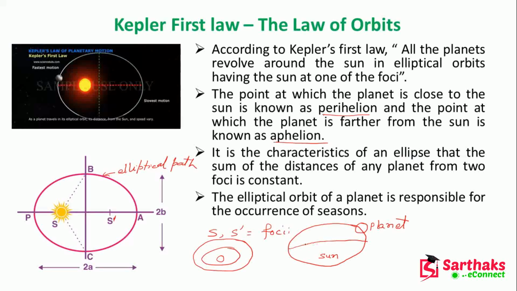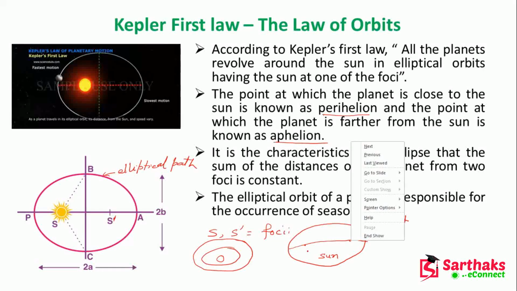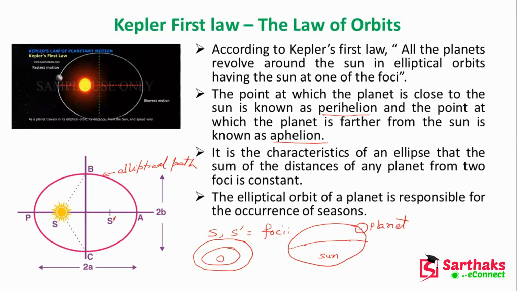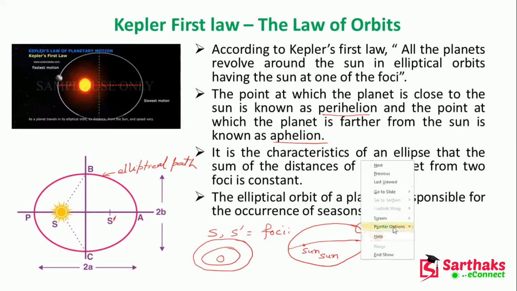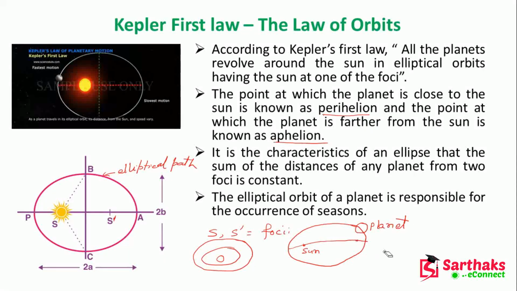So suppose this is one focus. This is another focus. Now, the sun is situated here. The sun is not there. Just a minute. Okay.